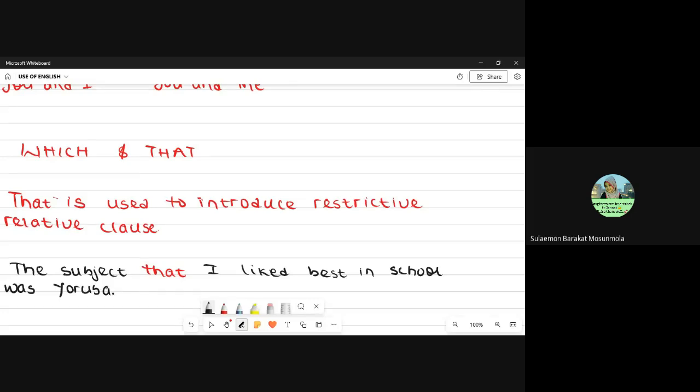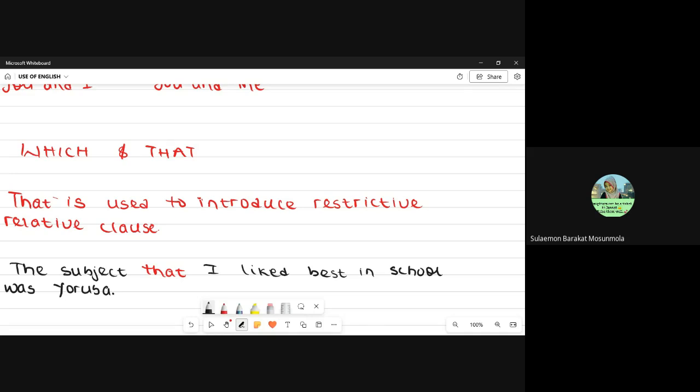Now, I just want to use this to explain what I mean by restrictive relative clause. A restrictive clause is a clause that gives additional information about what is being mentioned in the sentence. And if you remove a restrictive relative clause, the sentence is not going to make any sense. It is going to change the meaning of the sentence.